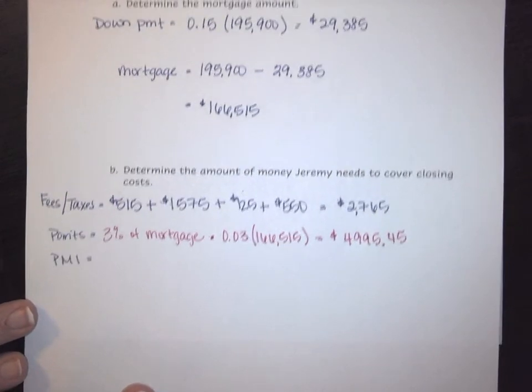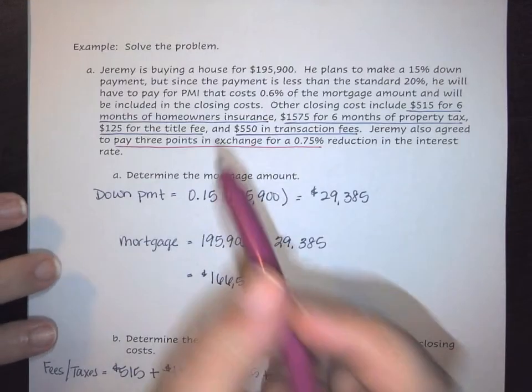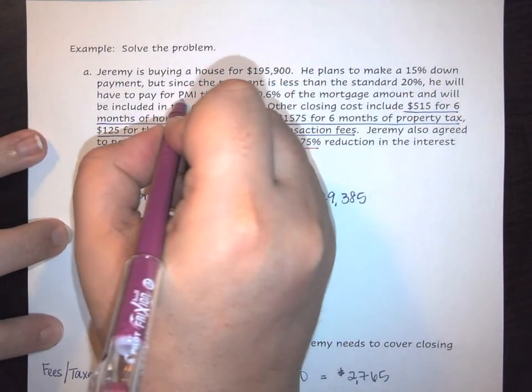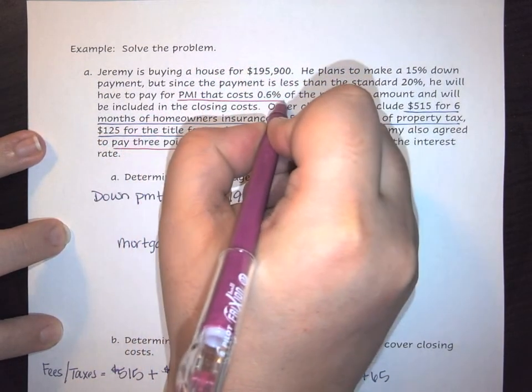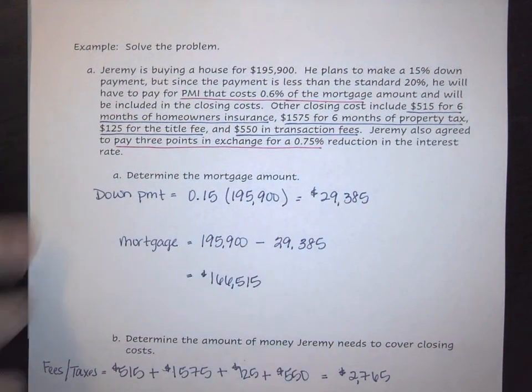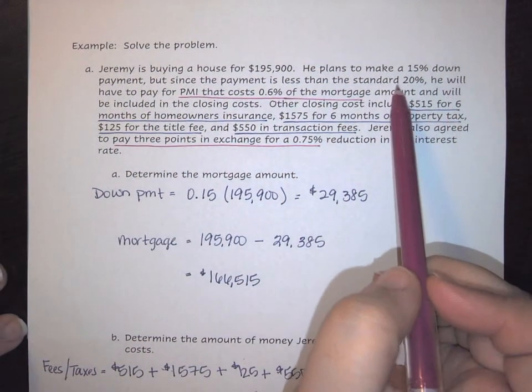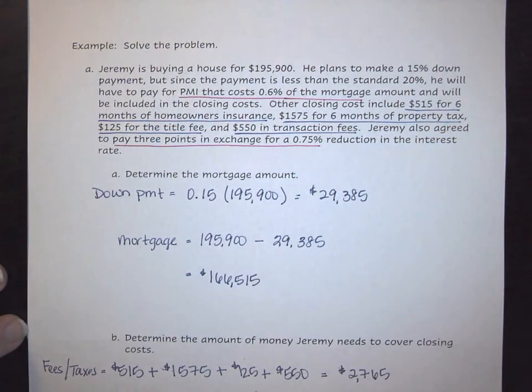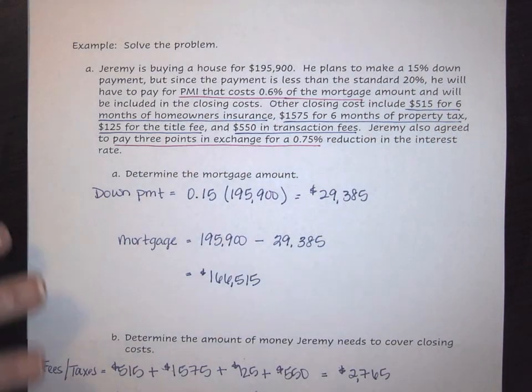Okay. Now the PMI was up earlier, so here you have to pay a PMI that's going to cost 0.6% of the mortgage amount. And the reason for that is because you're only paying a down payment of 15%, and 20% is that magic number.